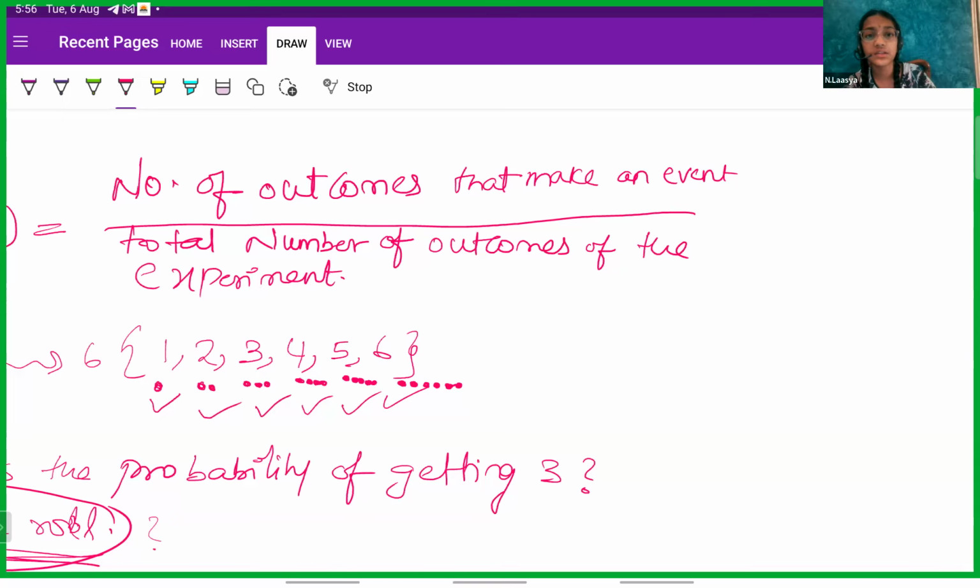Sir, event is the situation which happened. Situation everyone knows, brother, what is the situation? Tell. Sir, like throwing the dice. Suppose that's the event. If I throw 2 coins in the air, what is the total number of outcomes?